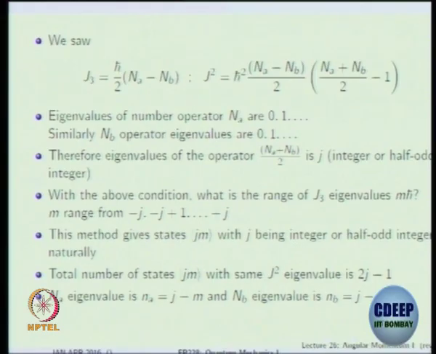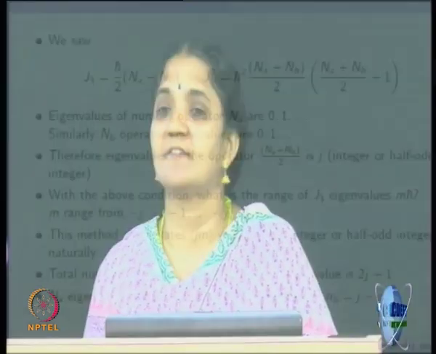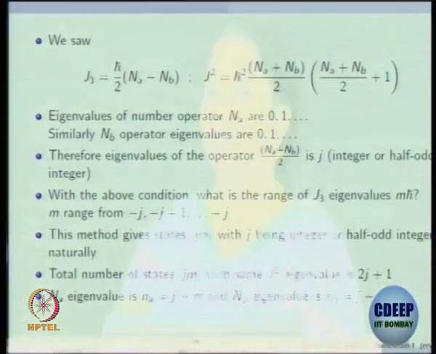Will this always be an integer? Yes or no? J minus m has to be an integer. If j is half odd, then m also is half odd. So the difference between two half odd numbers will be an integer, or the sum will be an integer. Very beautiful. Conversely also it is right, it is consistent. If you start getting the number operator eigenvalues to be half odd integers, we are stuck. We can't use this.